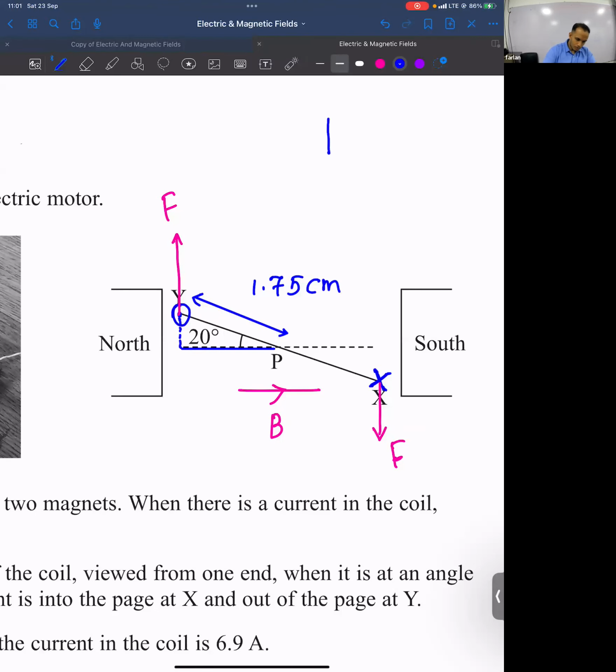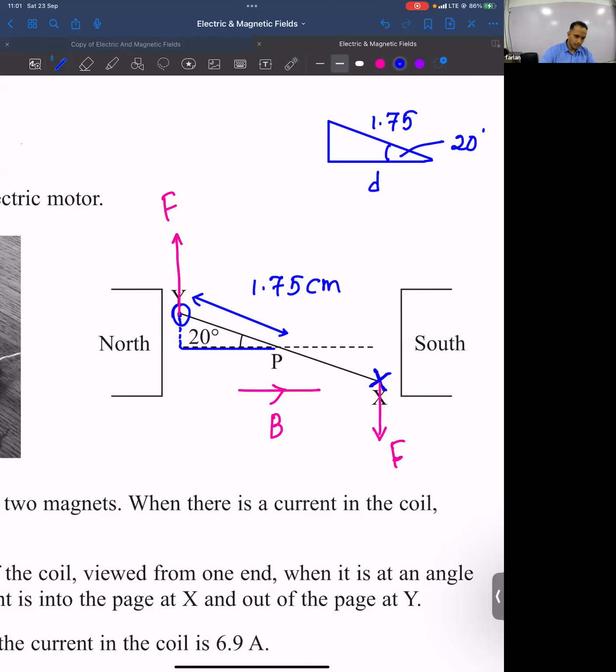So if I put up a small triangle here, this is 20 degrees. This is 1.75.